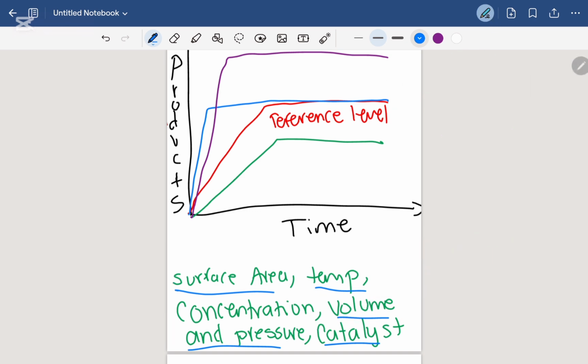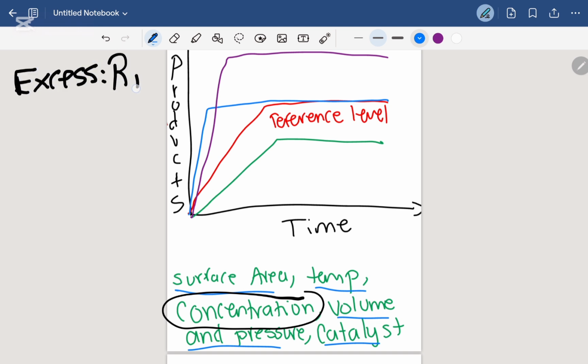Now, the concentration of limiting reactant. Let's say we have an excess, which is R1. I'm just giving examples. We have already our excess, which is R1, and we have the limiting, which is R2. Okay?